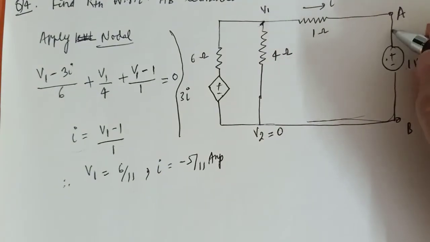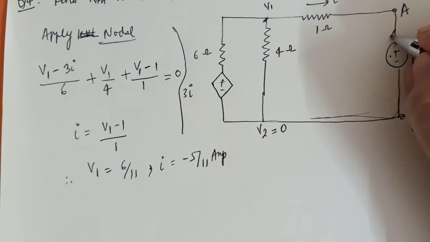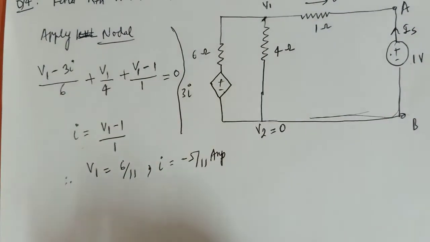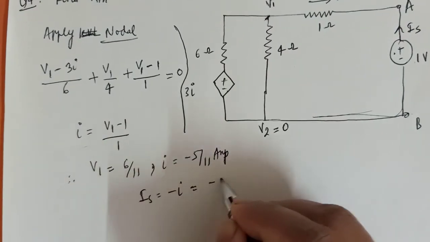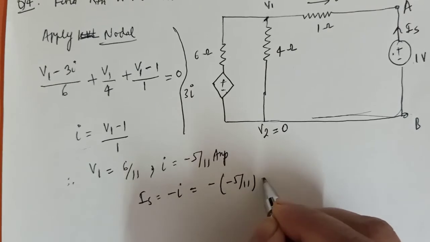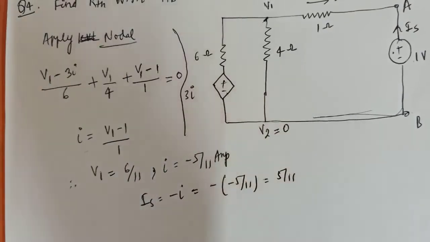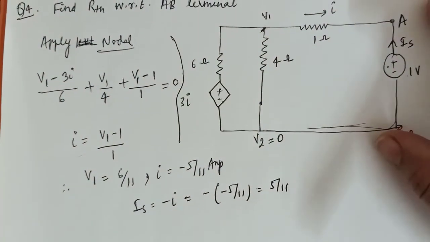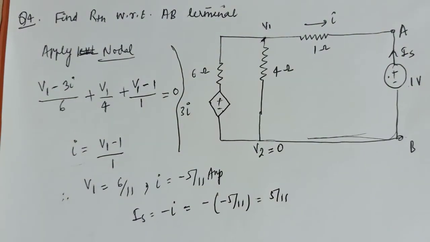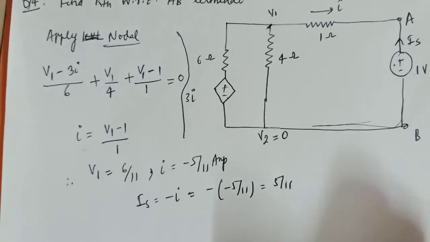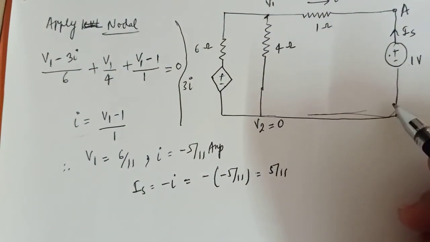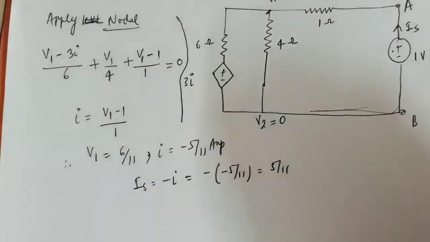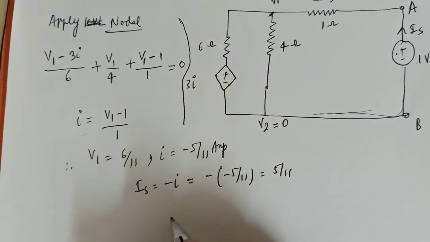So what will be the current? Let's say the current flowing through this is your IS. IS will be minus of I, minus of minus 5 by 11, equal to 5 by 11. So the current you got, and the voltage you have assumed as 1 volt. So what will be the RThevenin? RThevenin will be your assumed voltage divided by the calculated current across that terminal.